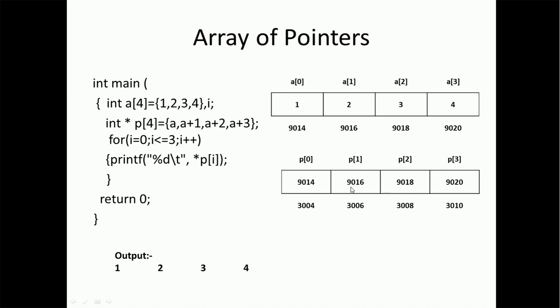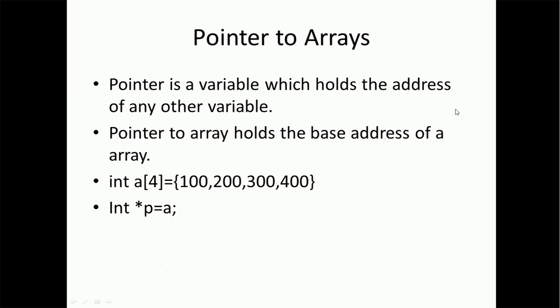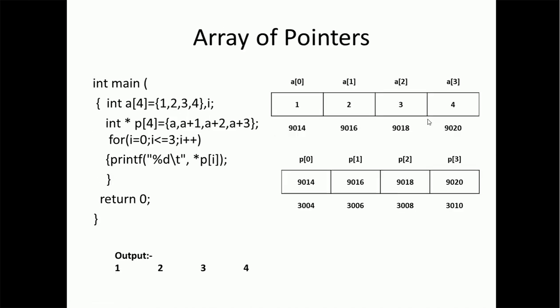When we print star p1, this will print the value stored at the location 9016, which is 2. Similarly for p2 and p3, this will print the values of a2 and a3. So the output will be 1, 2, 3 and 4.